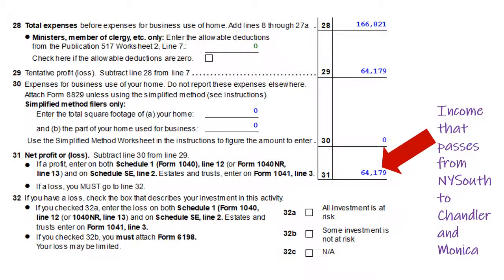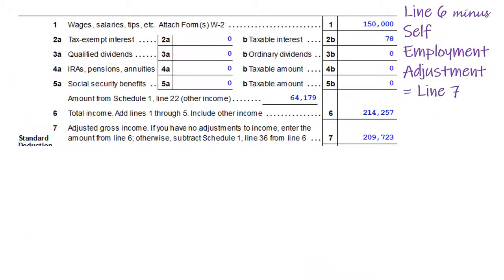So, $64,179 of income ultimately passes from the New York South income statement to Chandler and Monica. This is effectively Monica's salary, since she doesn't take a salary throughout the year. We adjust this income amount from the self-employment based on the self-employment adjustment to arrive at an adjusted gross income of $209,723.